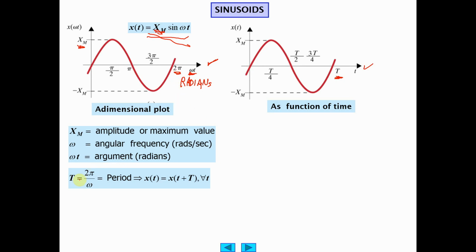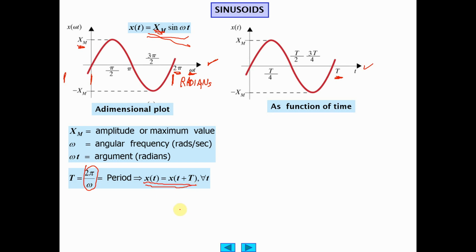So that means the period is given by this equation here. Okay, this is another important thing, that your signal in the interval from 0 to 2 pi is the same as the signal in the interval from 2 pi to 4 pi, and so forth, and also backwards from 0 to negative 2 pi. That's what this formula is expressing.